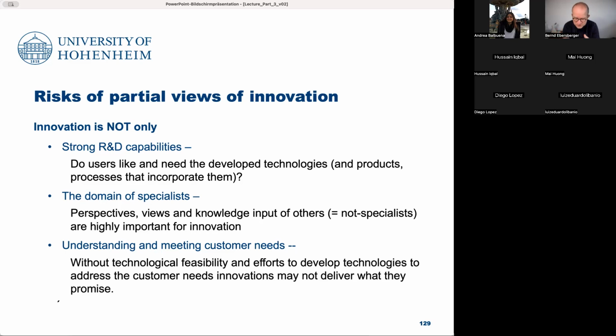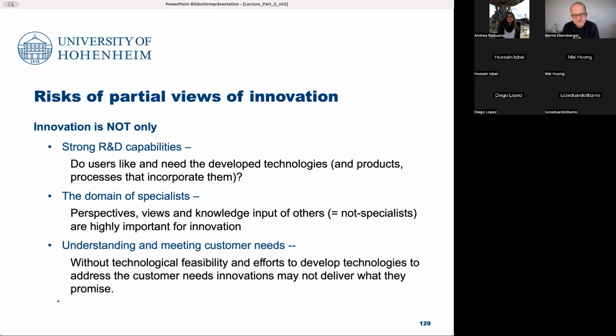Consumers need to get the developed technologies and need to appreciate these developed technologies. Remember the Segway, a brilliant piece of engineering, but consumers didn't really like it because it didn't really solve a given problem or a large problem for them that generated a willingness to pay that was larger than 9,000 euros or something.